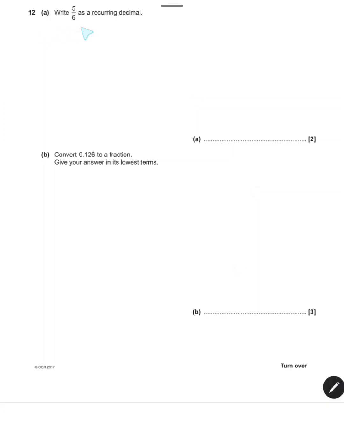Question 12 is asking us to turn this fraction into a recurring decimal. We're just going to use division for that. 5/6 is 5 divided by 6. So how many 6s go into 5? The answer is 0. So we're going to need a decimal and some digits to work with. 6 into 5 is actually 0, remainder 5. 6 into 50, well, 8 6s is 48.